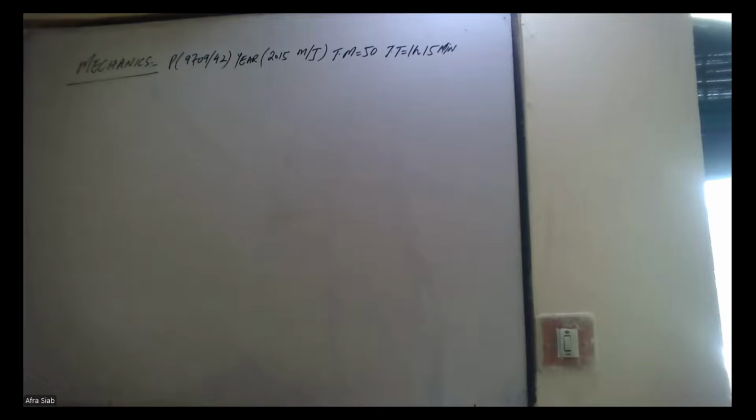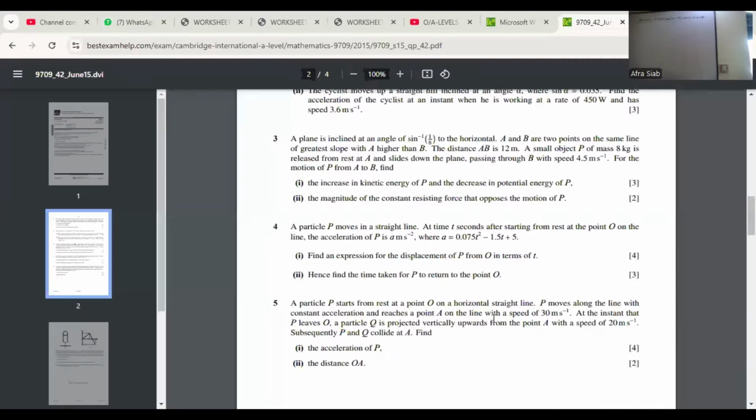Now we are starting the next question. A particle P starts from rest on a horizontal straight line. Particle P is moving with a constant acceleration and reaches a point A on the line with a speed of 30 meters per second.